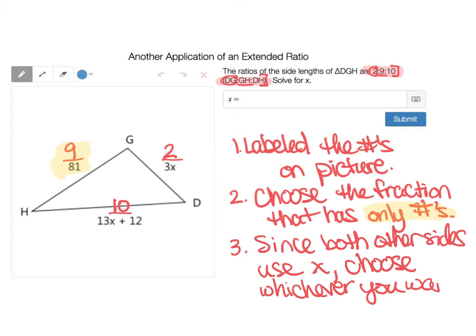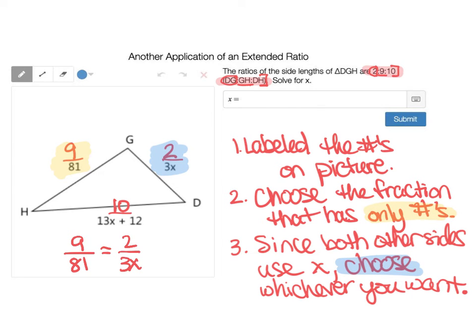Honestly, I would just pick what's easiest, which in this case, if I get to choose, I'm picking 2 over 3x. That looks easier to work with. So all I have to do is 9 over 81 equals 2 over 3x.